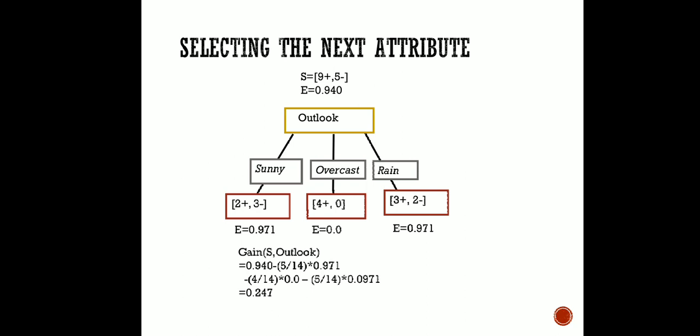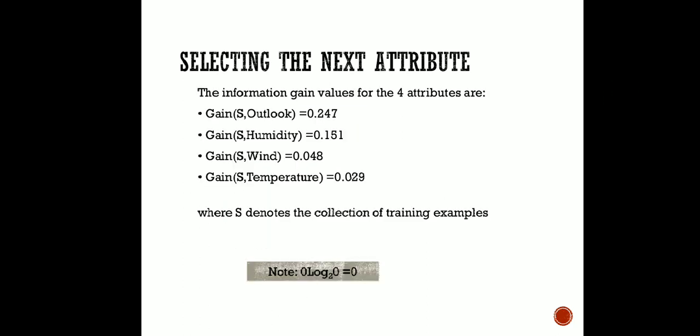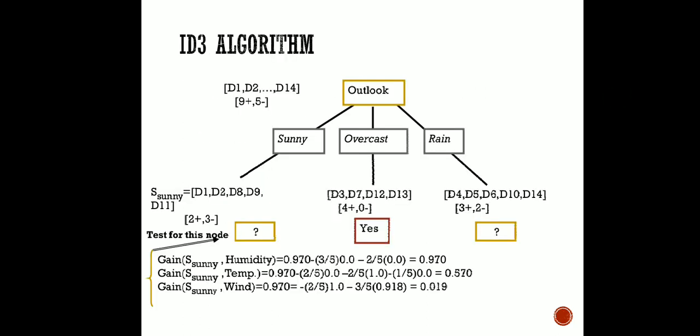And for rain, 3 and 2. So whenever we are building the tree starting from outlook, and if it is overcast, we can come to the decision, yes, we are going to play tennis, because there is no chance of negativity. But whenever it is sunny, out of these 5 we can play tennis for 2 values, and for not playing tennis, there are 3 more data items.